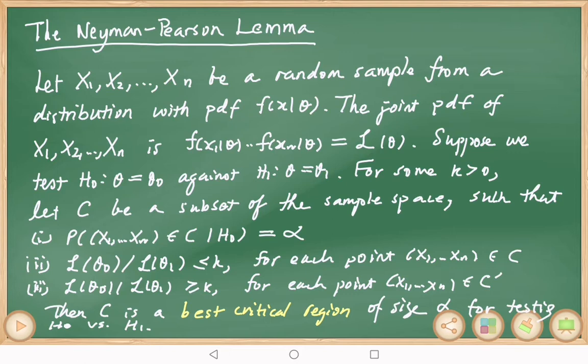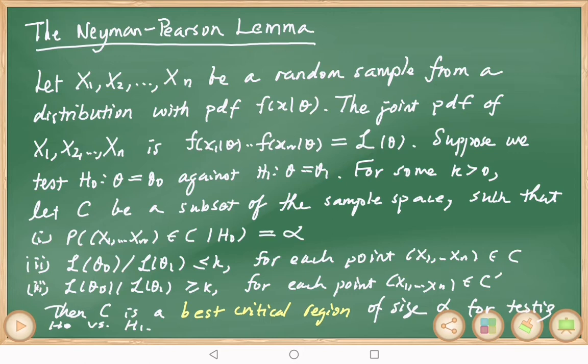Number 2, the ratio of the likelihood function under the null against the alternative is bounded by k for each point in the critical region.